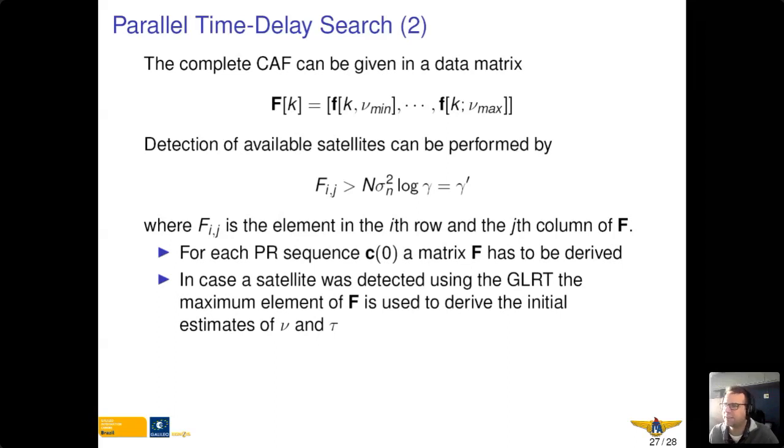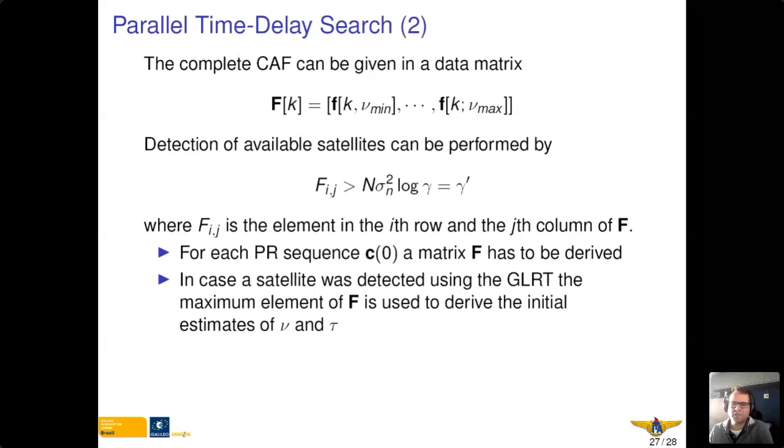In case a satellite was detected using the GLRT, the maximum element of F is used to derive the initial estimate. So the element that is the maximum and above the threshold defines by its column the Doppler frequency, and by its row the delay estimate.